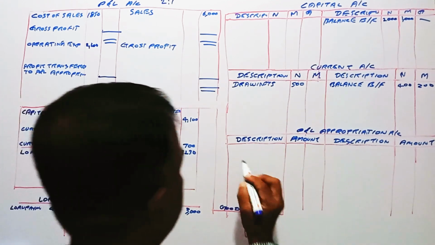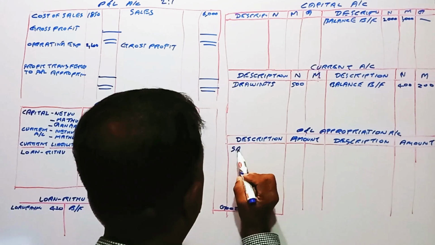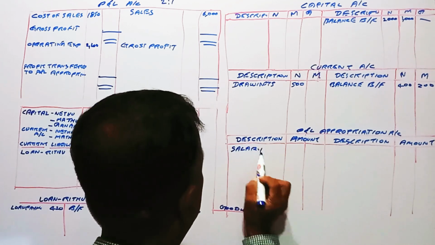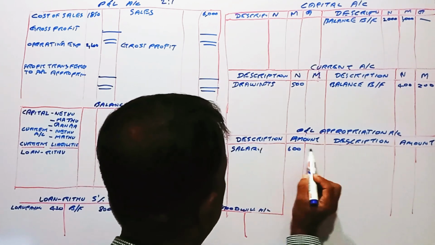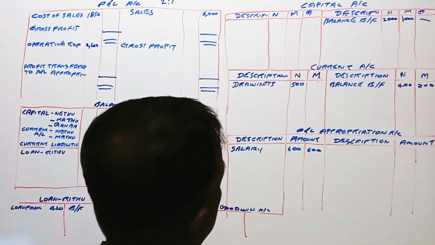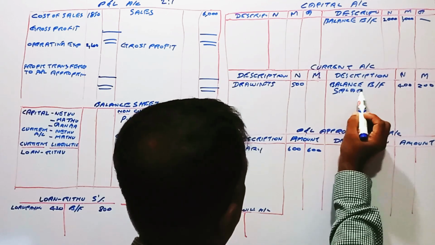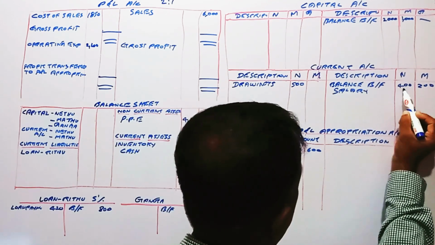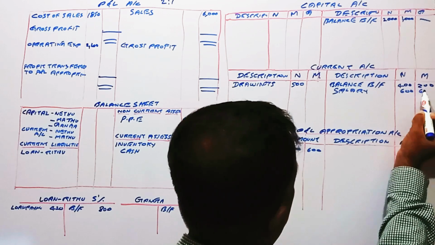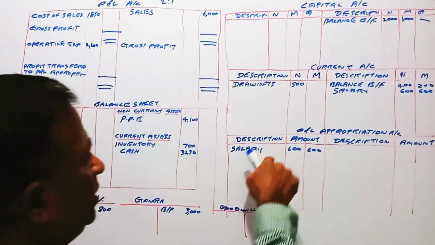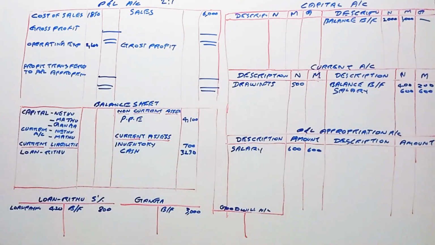We make an adjustment for the salary: 50,000 a month means 600,000 a year. Profit and loss appropriation is debited and the current account is credited.